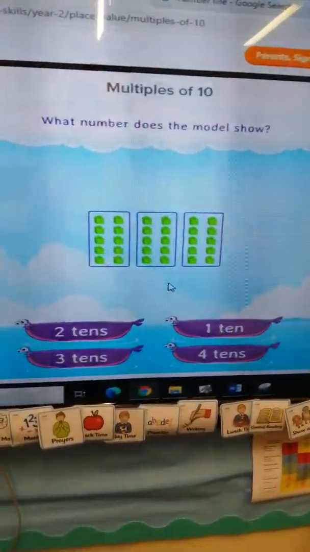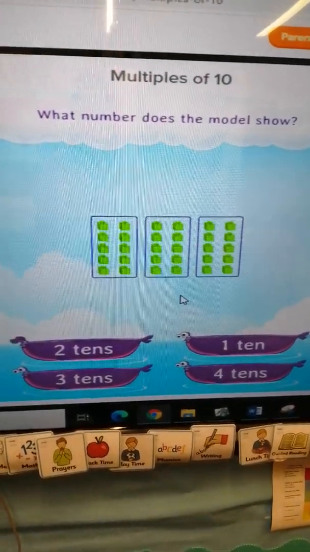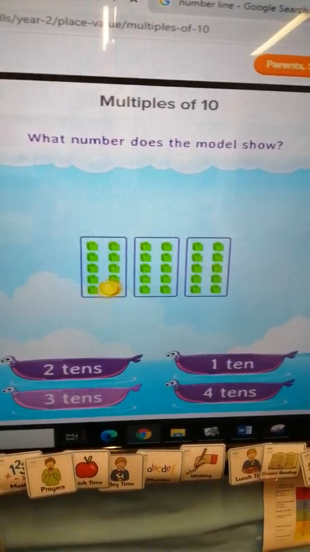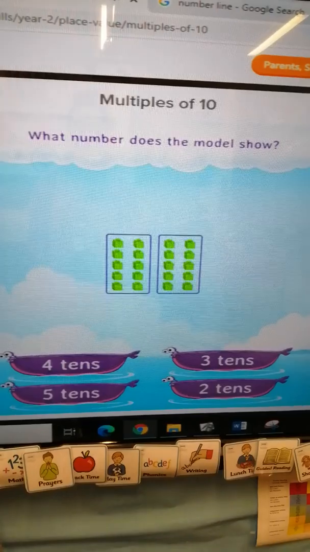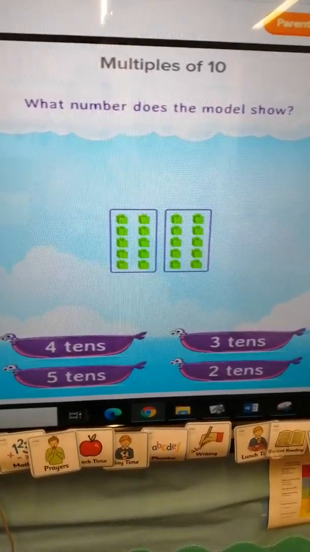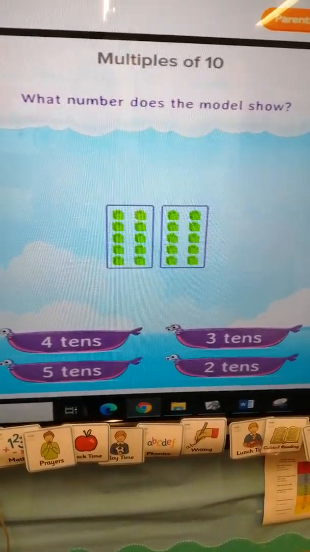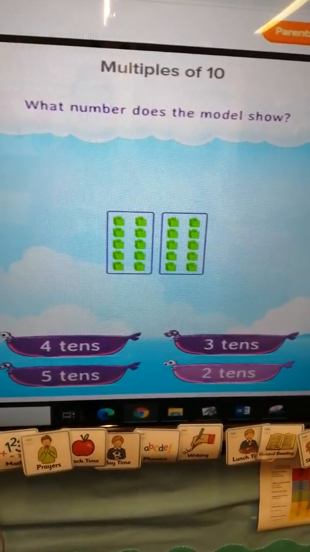Right, okay, what does that show? It shows 3 complete tens frames. So we're going to write 3 tens. 3 tens is 30. We're on a roll. What number does the model show? It shows us how many groups of 10? It shows us 2 groups of 10, which is 20.